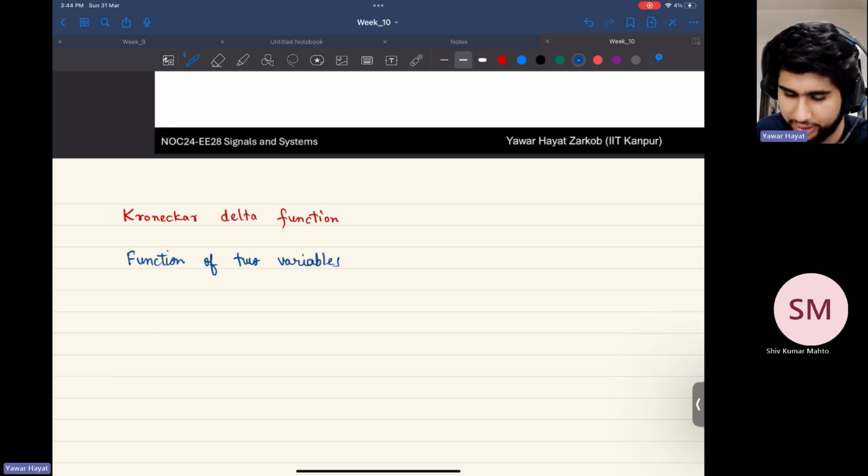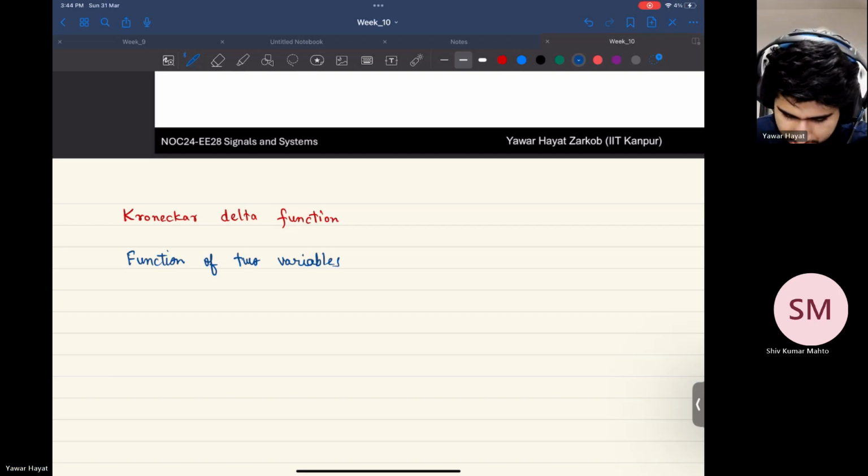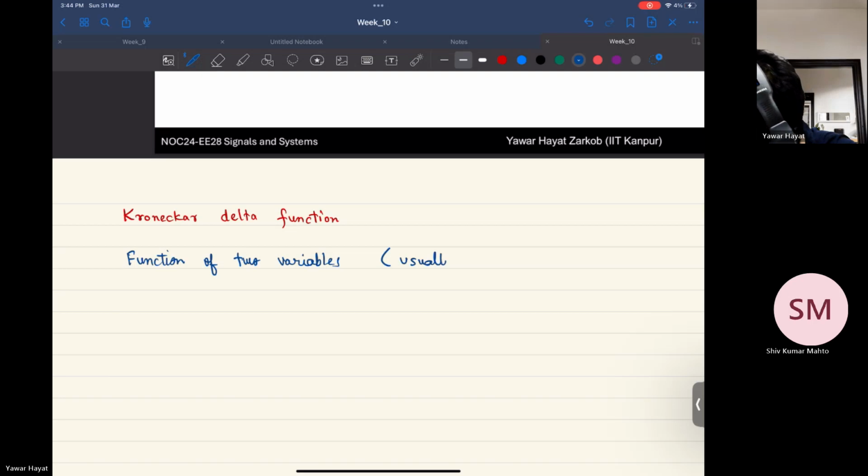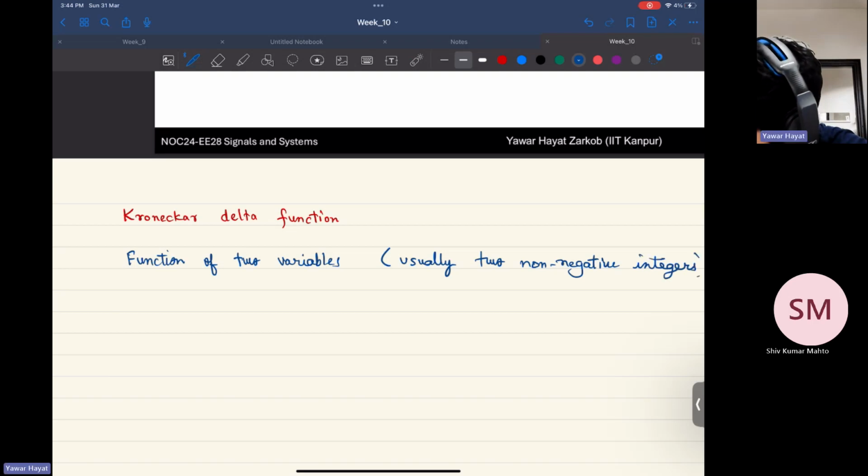It is a function of two variables, that are usually two integers.